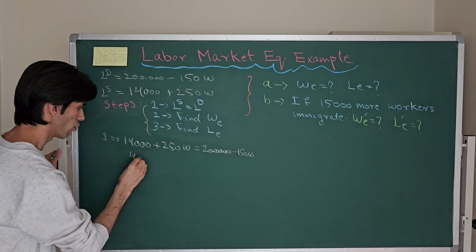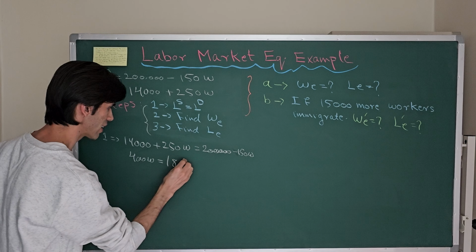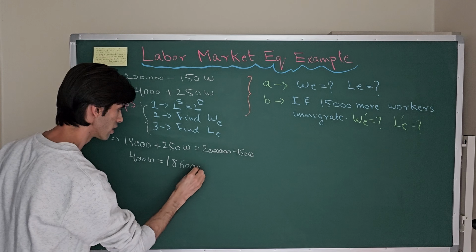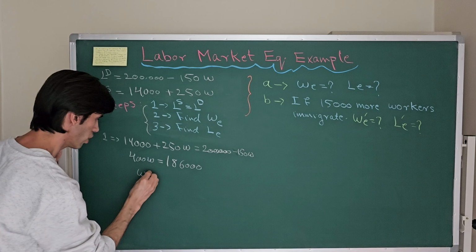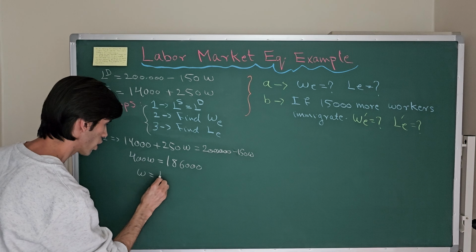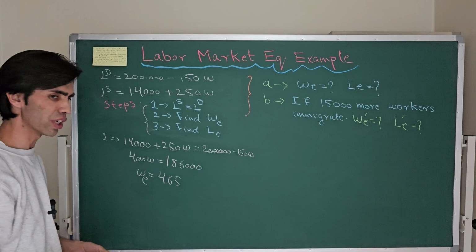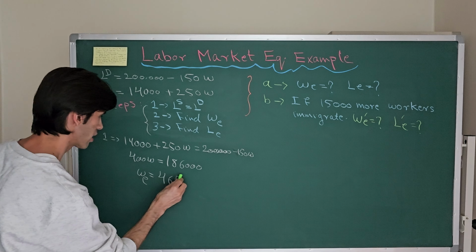We will have 400 W is equal to 186,000. Then W will be equal to 465, and this W is WE, the market clearing wage.